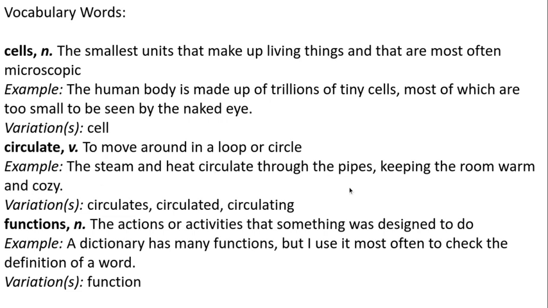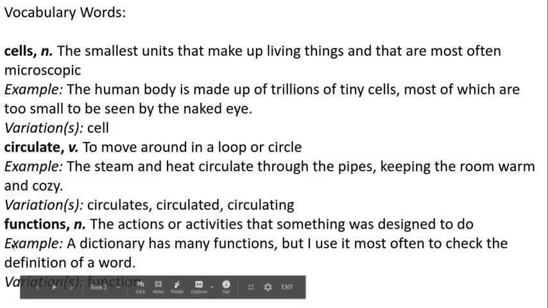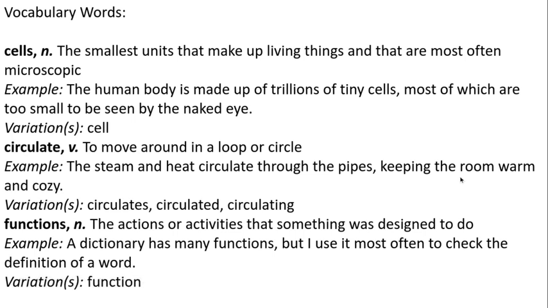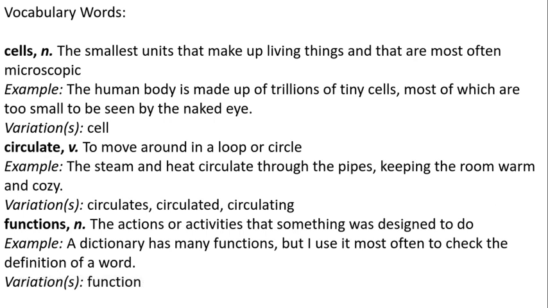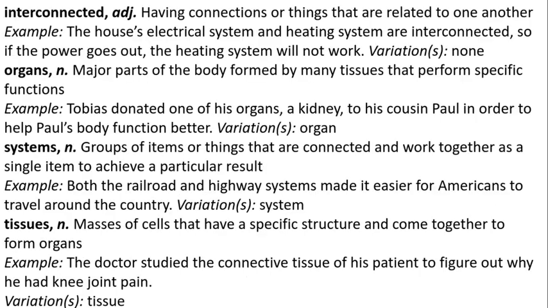It means to move around in a loop or circle. All right, and then we have the word functions. Functions is a noun, it's a thing. It's the actions or activities that something was designed to do, how it functions, what it does. So we're going to talk about the functions of different parts of the human body.